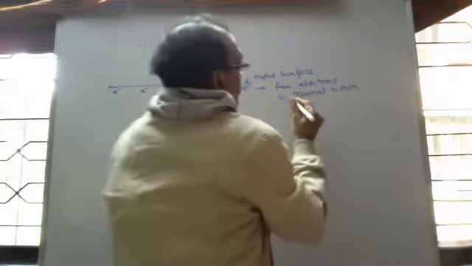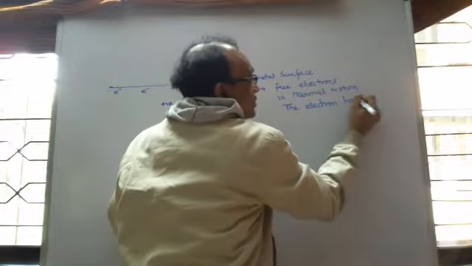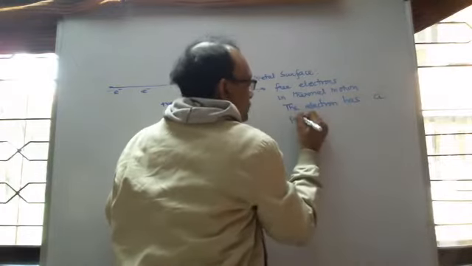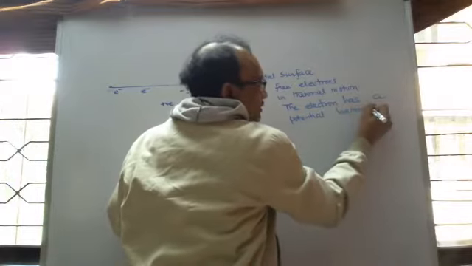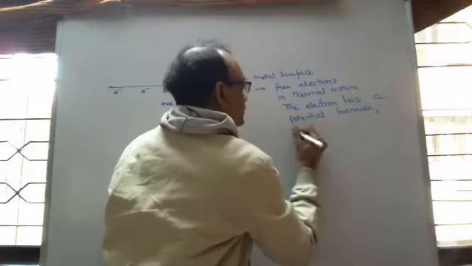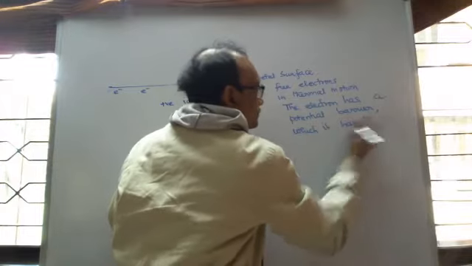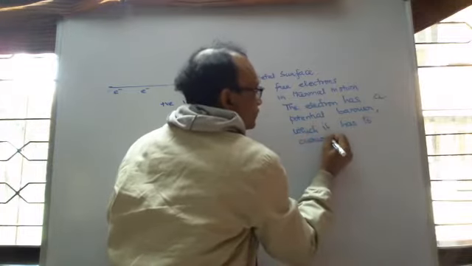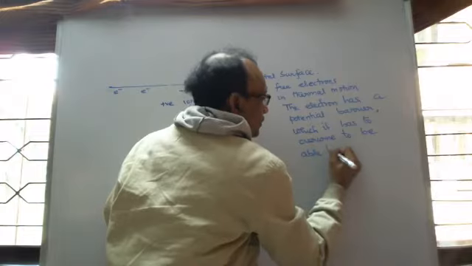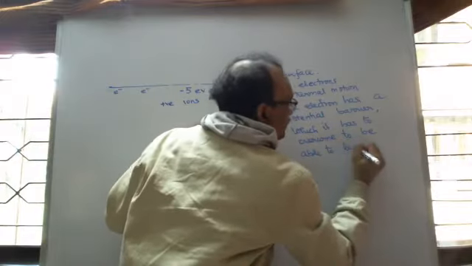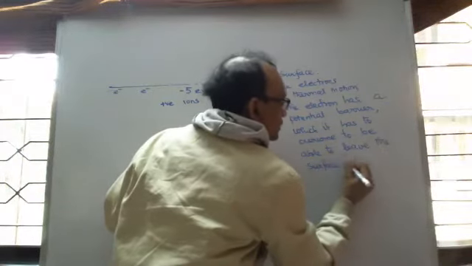So the electron has a potential barrier which it has to overcome to be able to leave the surface of the metal.